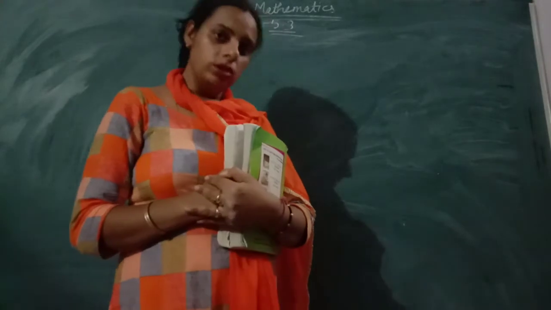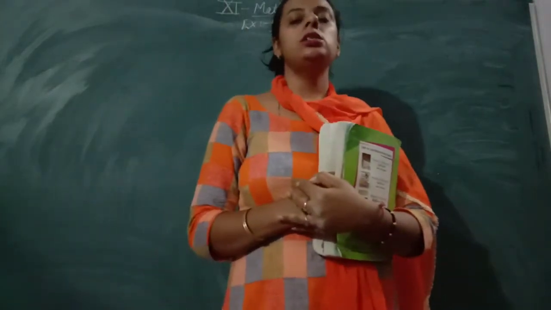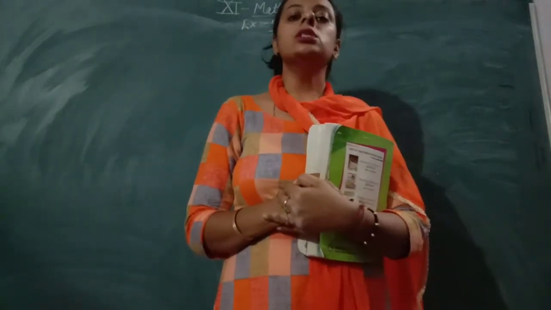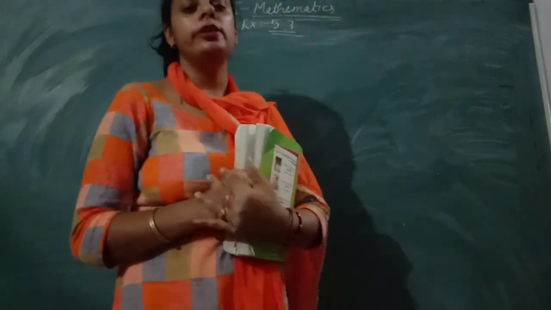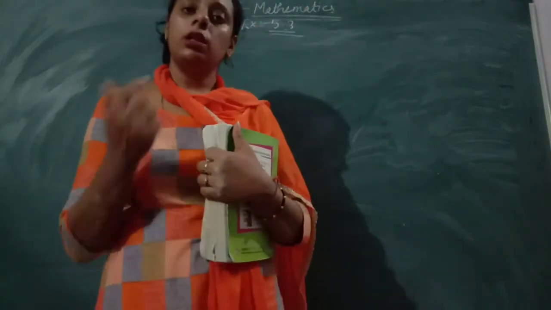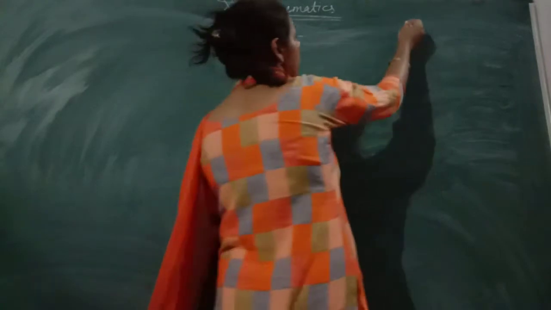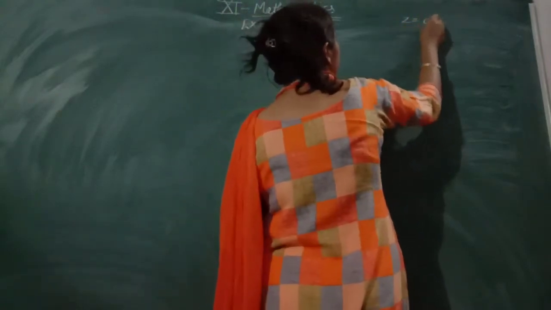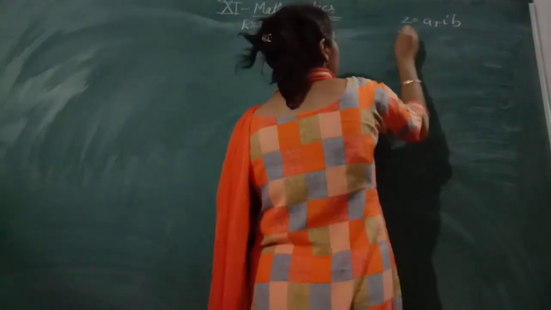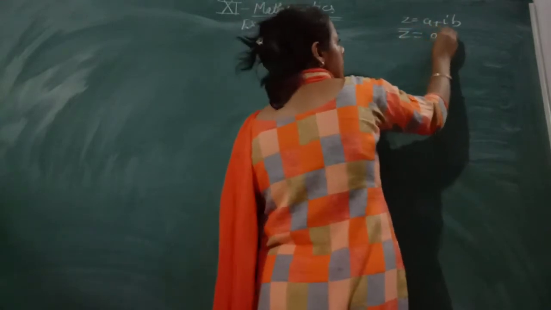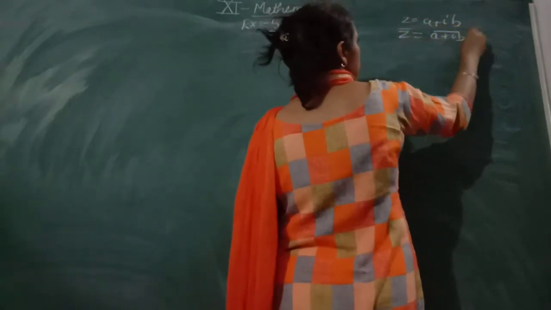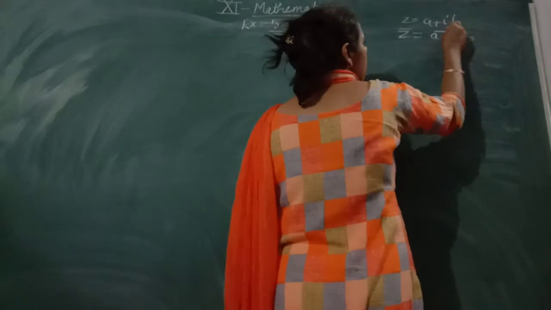Today we are going to start our 5.3 exercise, and the topic is the modulus and the conjugate. I have already introduced these two terms in the previous class, and I am just recalling them. If z is equal to a plus iota b, what will be the conjugate of it? That affects only the imaginary part. This is the symbol of conjugate.